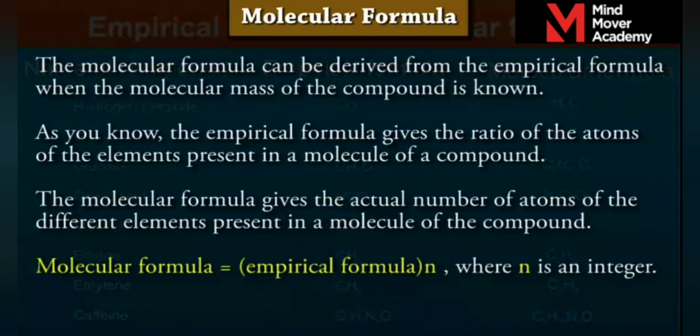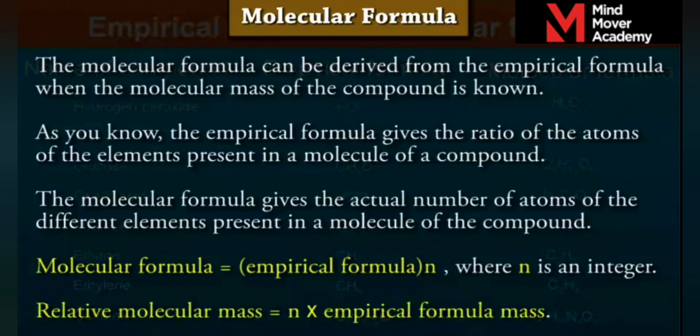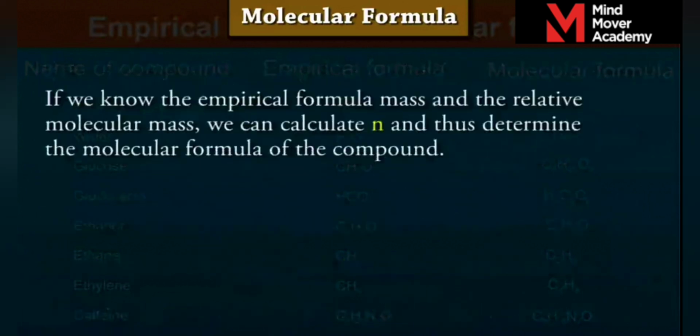Molecular formula is equal to empirical formula times N, where N is an integer. Therefore, relative molecular mass is equal to N times empirical formula mass. So, if we know the empirical formula mass and the relative molecular mass, we can calculate N and thus determine the molecular formula of the compound.